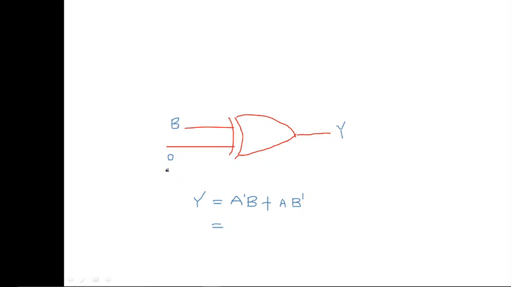So to get the output of the XOR gate in this case, we substitute 0 for A in the Boolean expression for the output of the XOR gate.